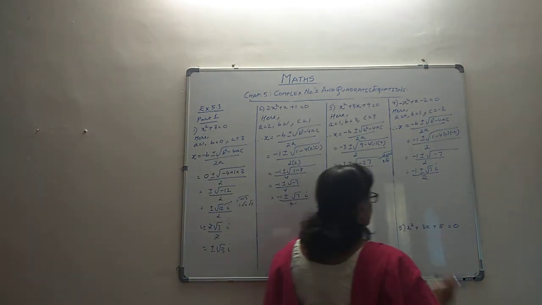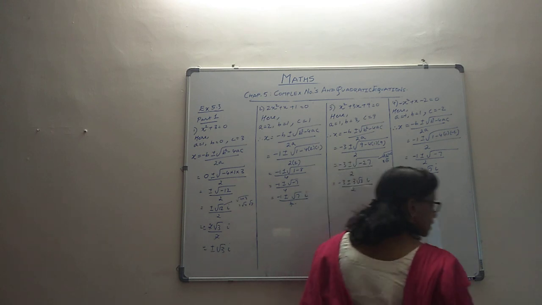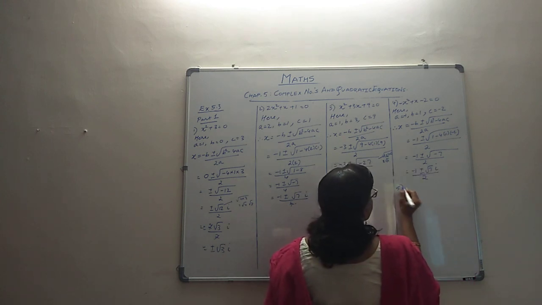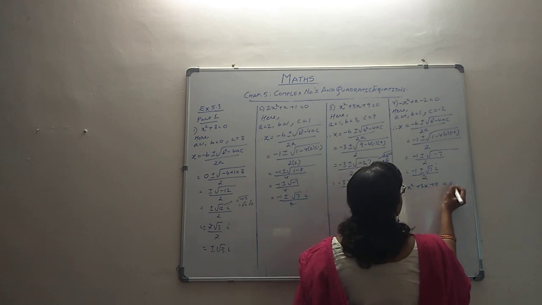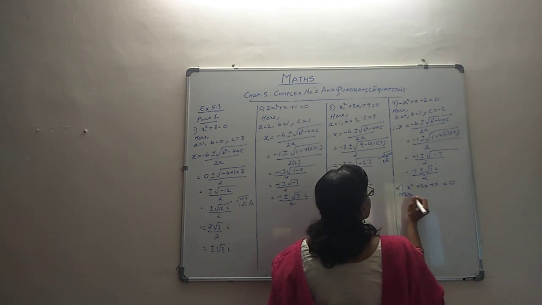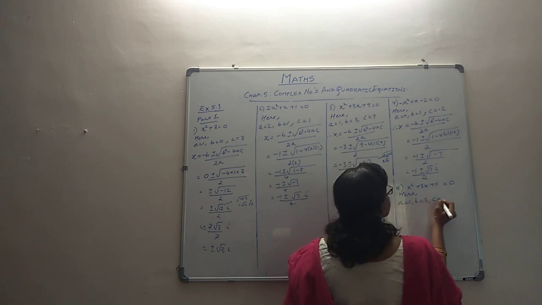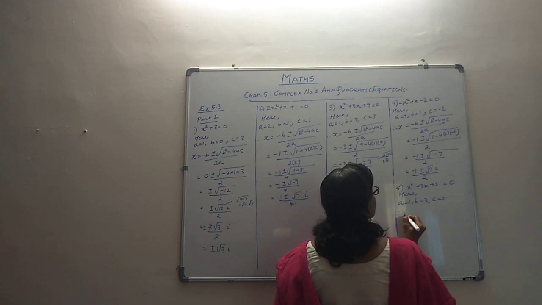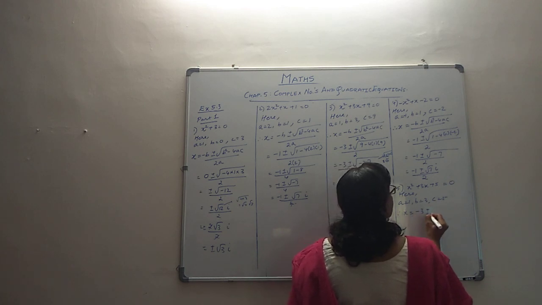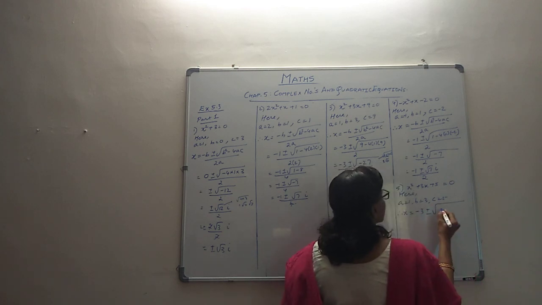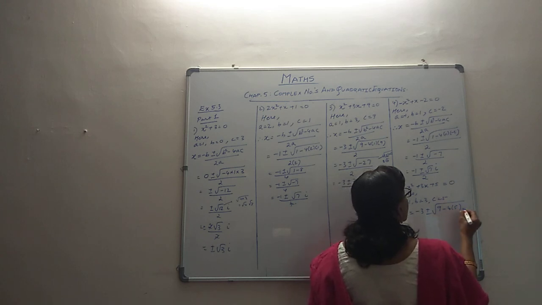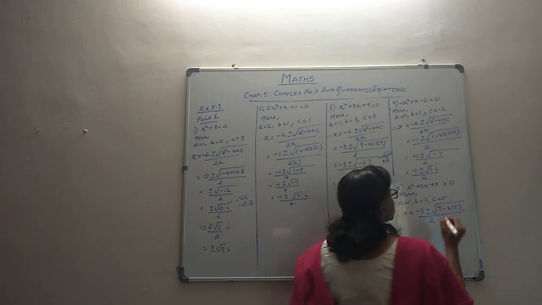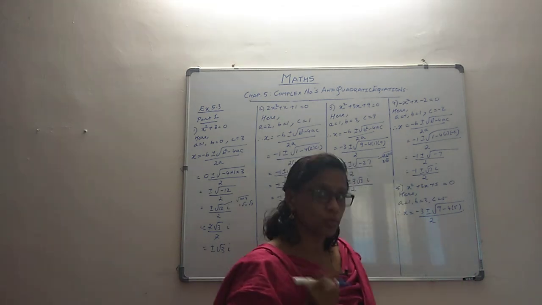We'll do the fifth question: x² + 3x + 5 = 0. Here, how do we get our a, b, c values? a is 1, b is 3, c is 5. So what happens to our x? Minus b plus or minus root of b squared, that is 9, minus 4ac, so 4 into 5, which is 20, by 2a, which is 2 into 1, 2.